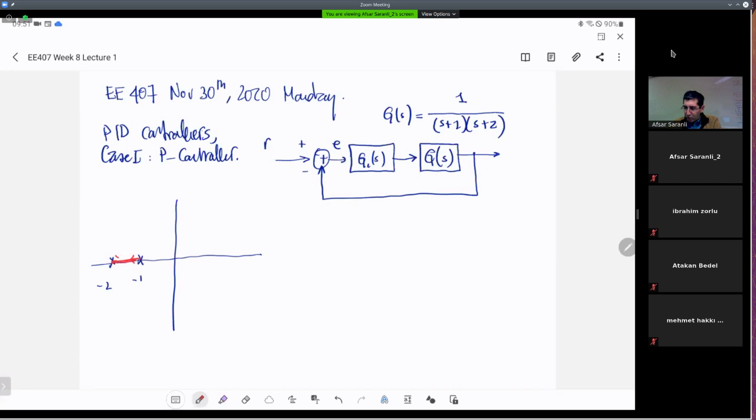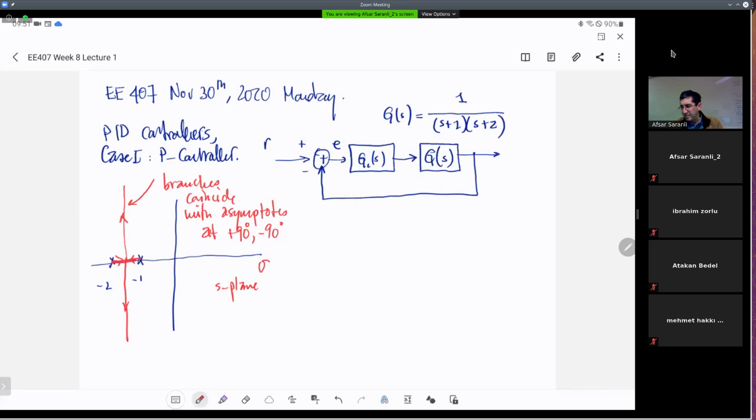It starts with the open loop poles, meets at the breakaway point, and then coincides with the asymptotes, at plus 90 and minus 90 degrees. So this is our S plane, this is the real part, and this is the j omega axis, the imaginary part.